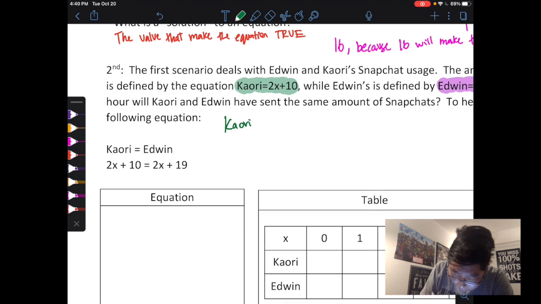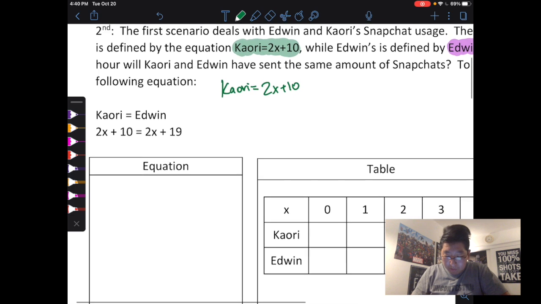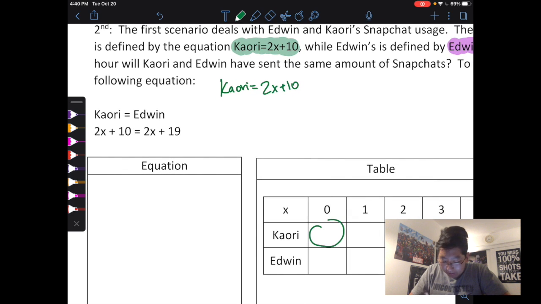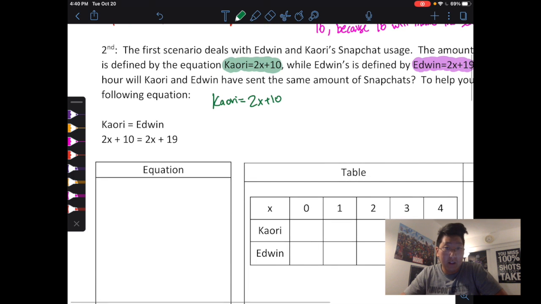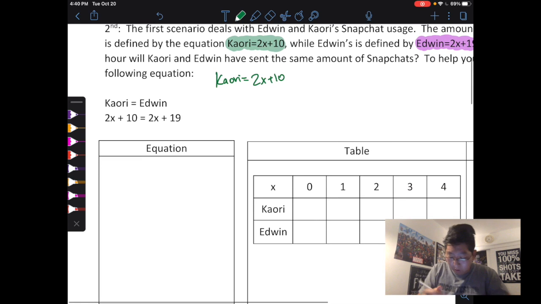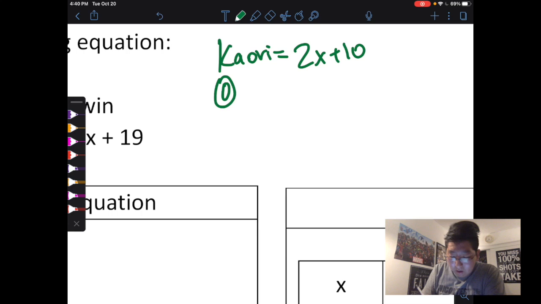Kaori is 2x plus 10. Okay? So we have to remember that. And we're asking, in 0 hours, how many Snapchats did he send? Not receive, send.